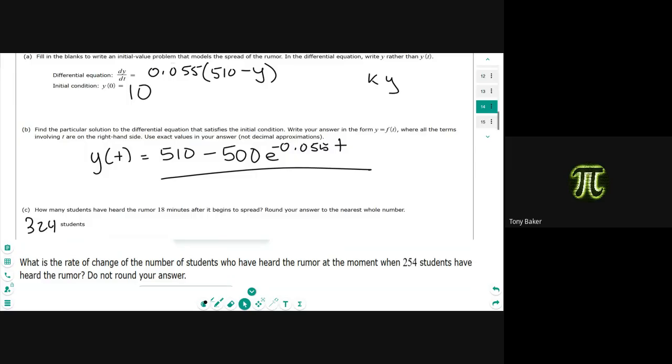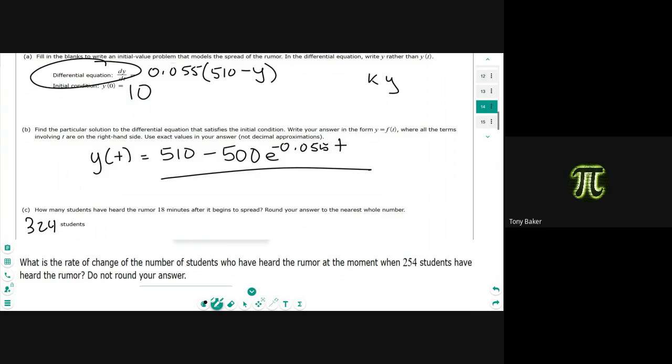The derivative, right? Rate of change is derivative. That's slope. Okay, so whenever we hear rate of change, it's slope, and that's the derivative. For this, that is my dy over dt. That's my derivative.